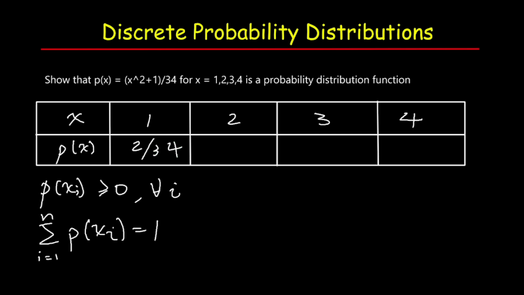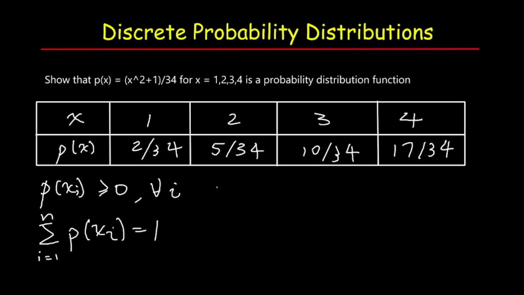I'm not simplifying this because it'll be much easier to see the sum after we write out all of these. Similarly, for 2, this would be 2 squared plus 1 over 34, which is 5 over 34. For 3, that would be 10 over 34. And for 4, that would be 17 over 34.